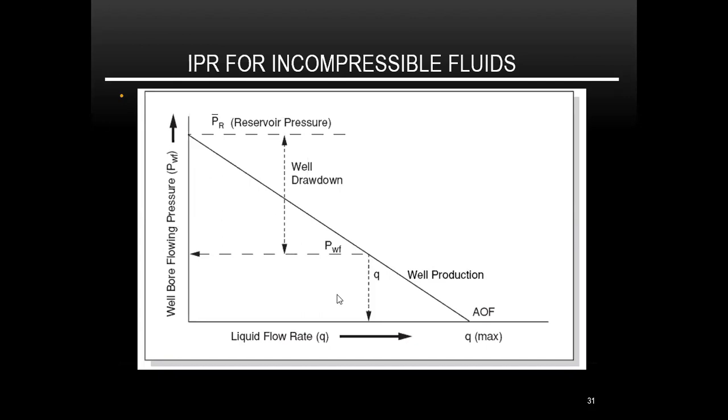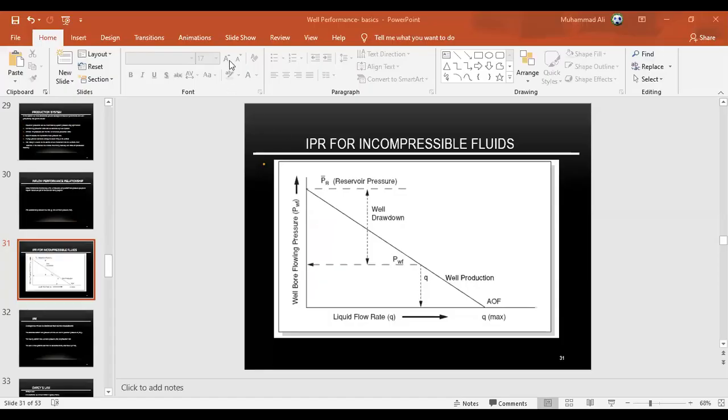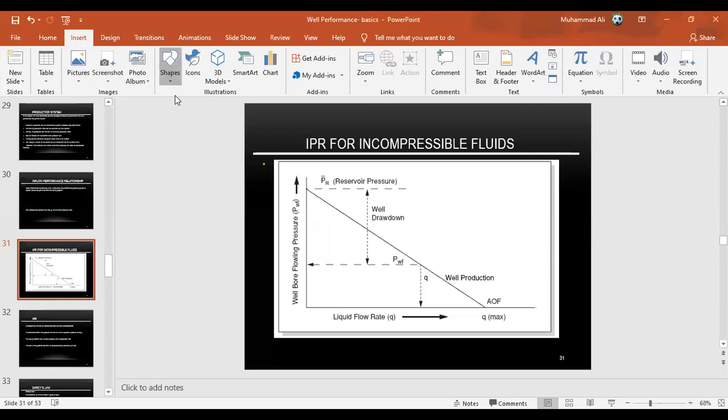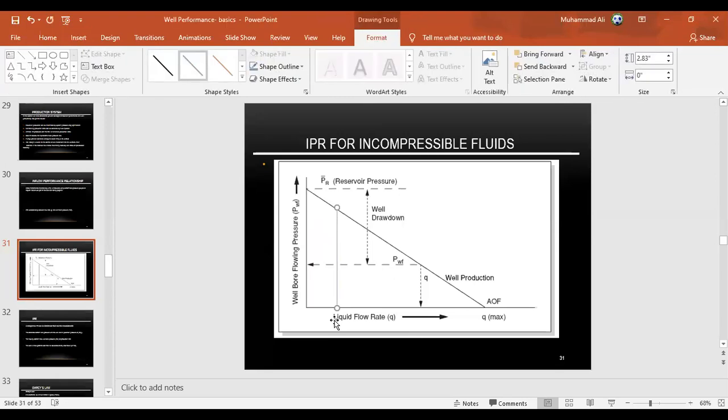This is the relationship. For example, this represents a particular well. Now imagine, let's say this point. Here maybe the flow rate is, let's say, 200 barrels per day. So look at the pressure here. The pressure here could be, let's say, 2000 psi.